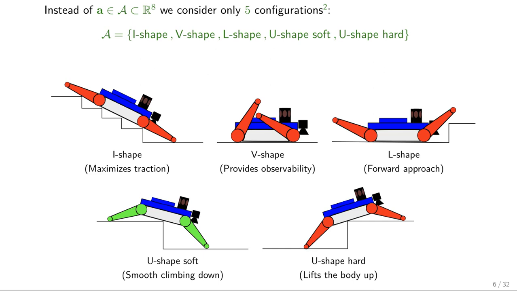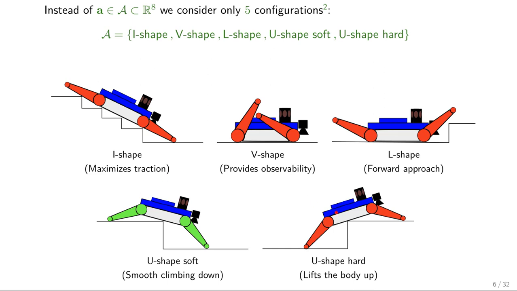So instead, what you can come up with would be some kind of motor primitives. So some discretized configurations, like what you see here, right? If you want to go up a stair, this might be a good configuration. This one is a configuration that maximizes observability, such that the sensors can see well that the flippers are not in the way.